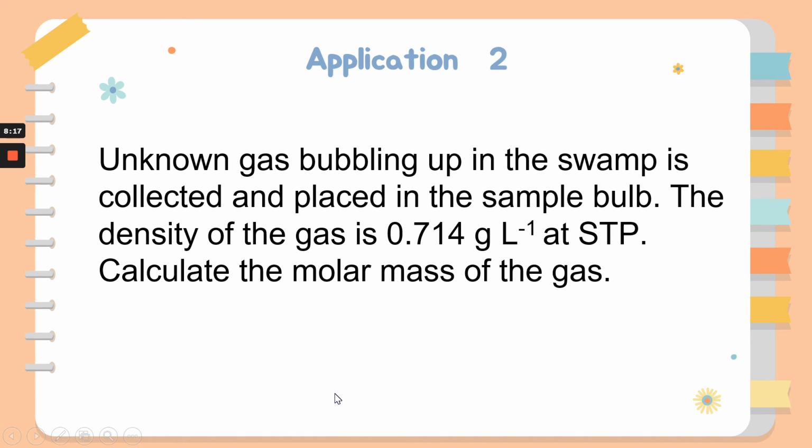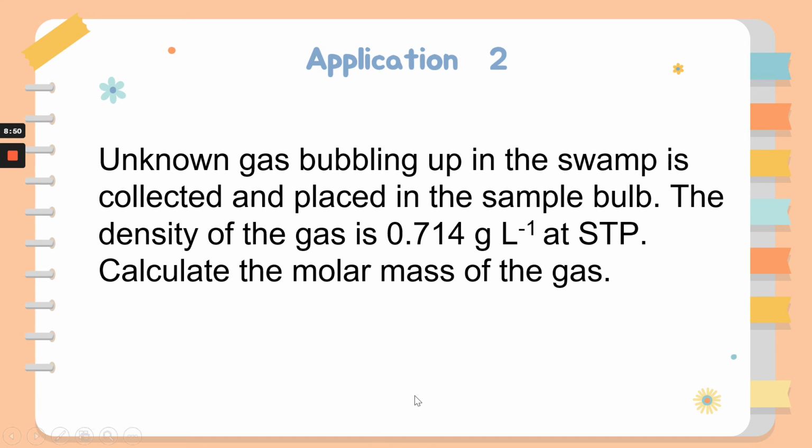Okay, now we go to application 2. This is the problem. Unknown gas bubbling up in the swamp is collected and placed in a sample bulb. The density of the gas is 0.714 gram per liter at standard temperature and pressure. Calculate the molar mass of the gas.